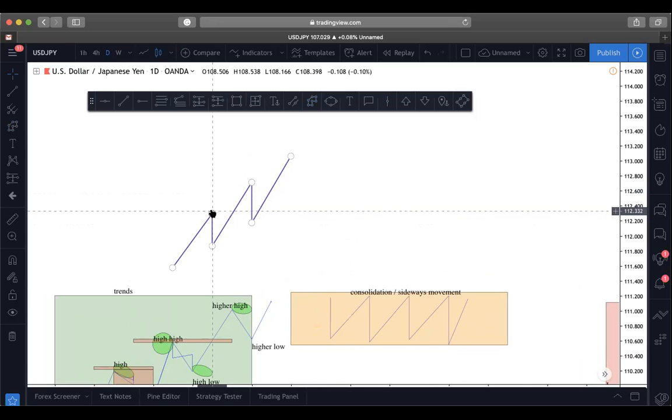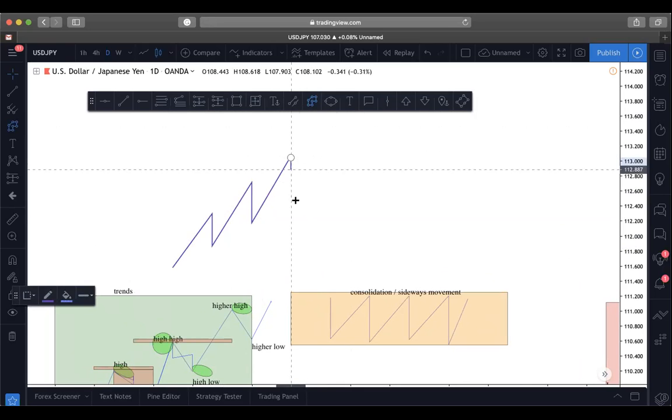When the market makes the high, makes the low, makes the high, makes the low, makes the high, and makes the low, and then if you see the market do something like this, and then it comes down like this, right?